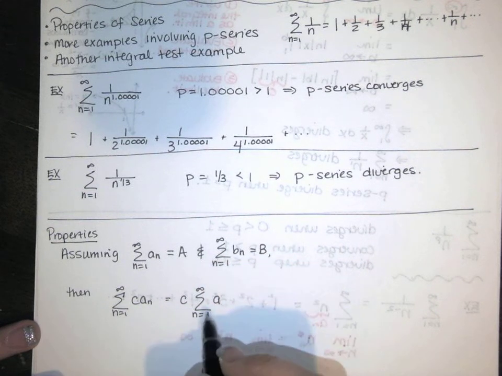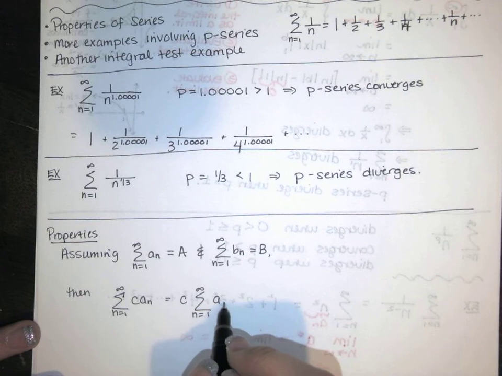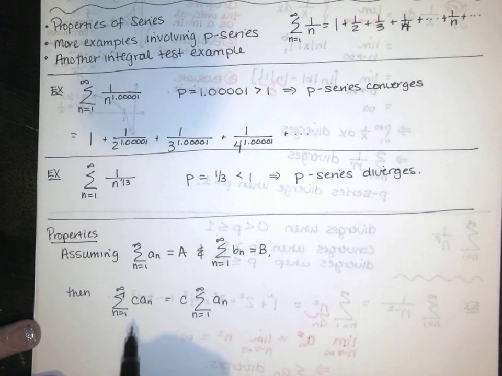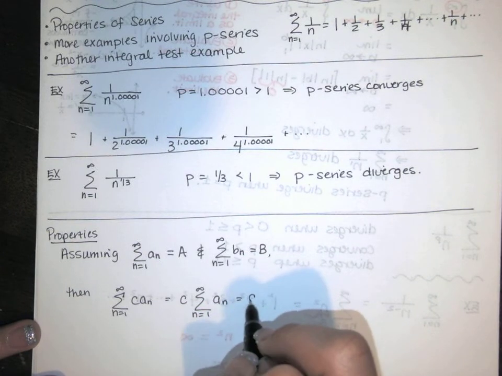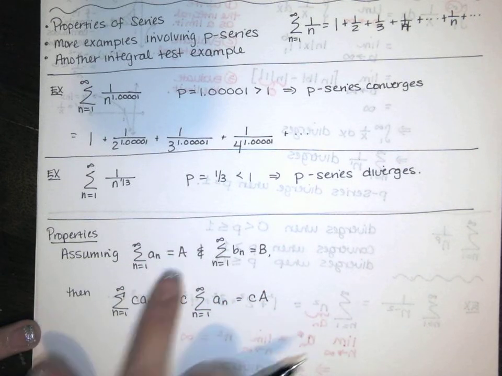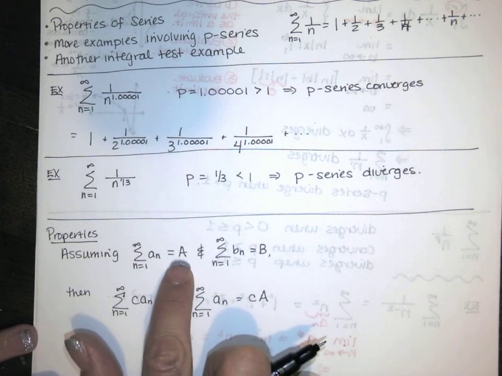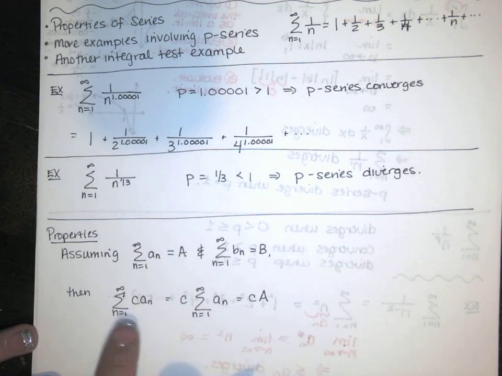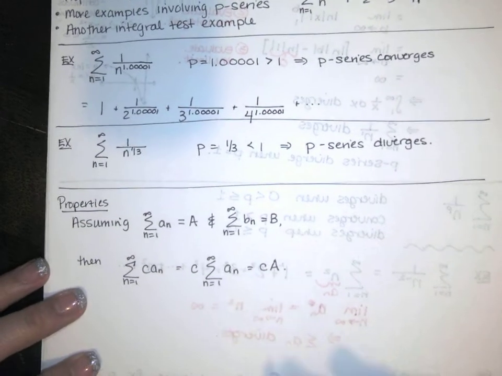That's c times the quantity, a1 plus a2 plus a3, and so on. C times a sub n, that series, gives us c times the value that this original series converged to. So if this series converges to 10, and I multiply this by 2, the new series converges to 20. It behaves just like you would expect.